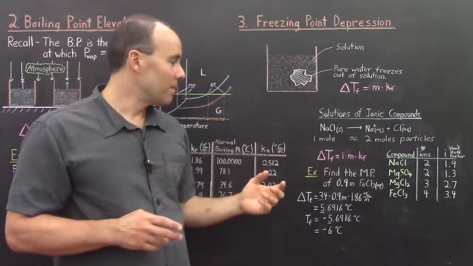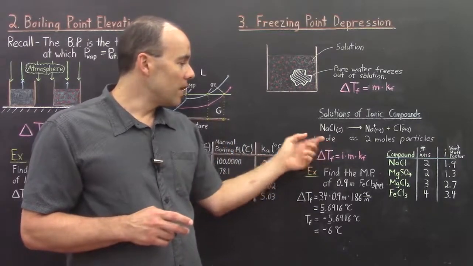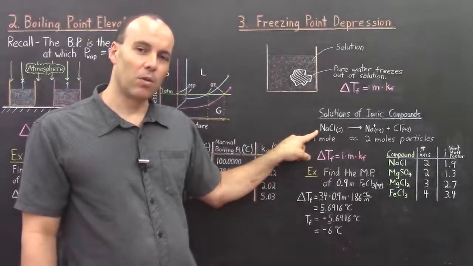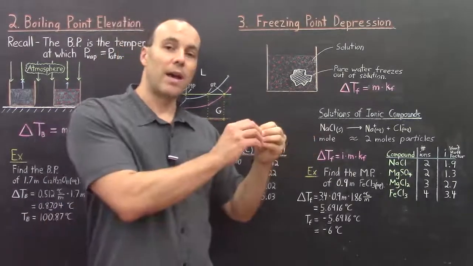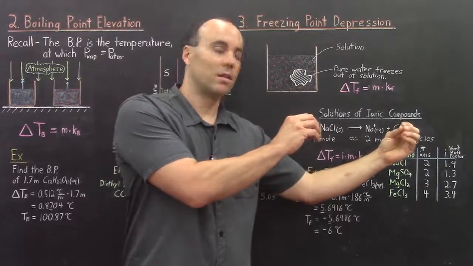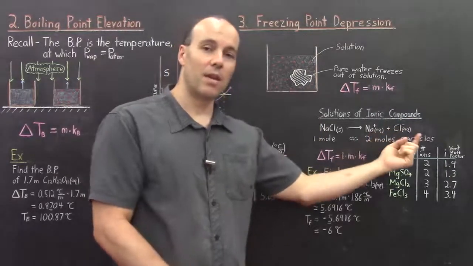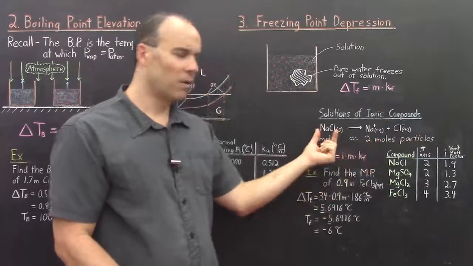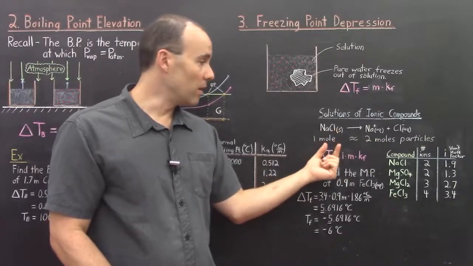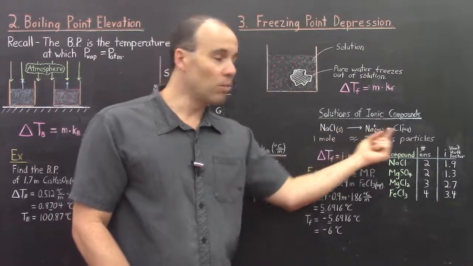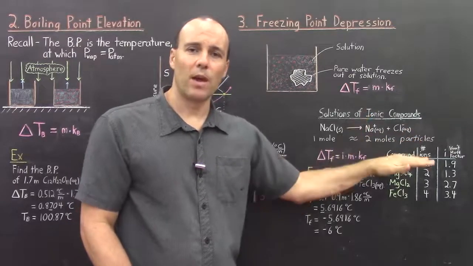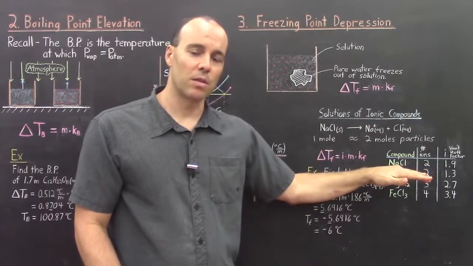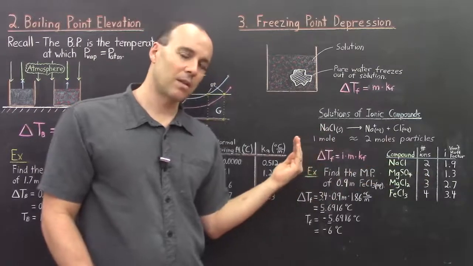For instance, when you take 1 mole of sodium chloride and you dissolve it in water, we know that ionic compounds dissociate into their cations and anions. So 1 mole of sodium chloride will give you 2 moles of particles. In other words, you'll have twice as many particles as what you might expect.